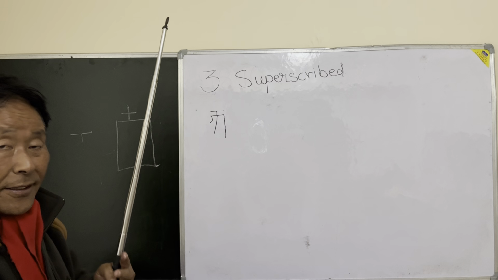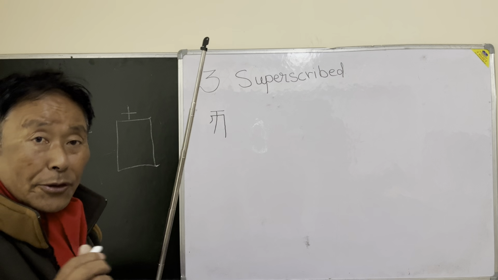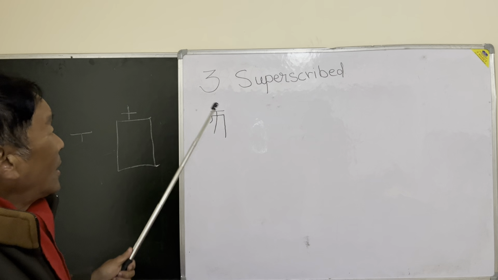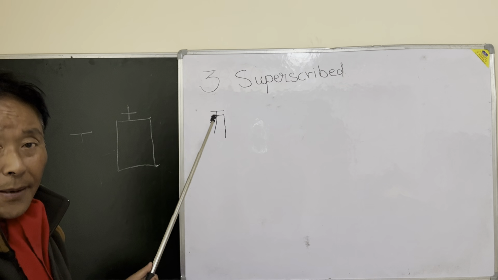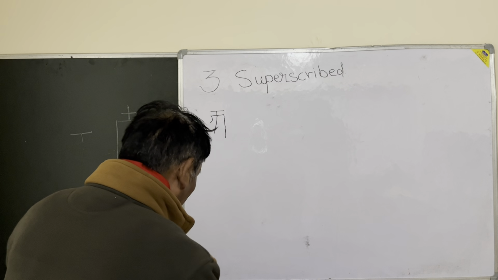So the meaning differs, but the pronunciation remains the same. Then Ra, Ka, Tak, Ga.